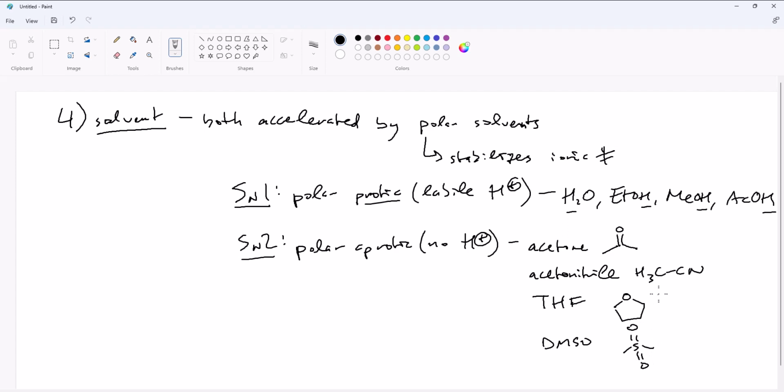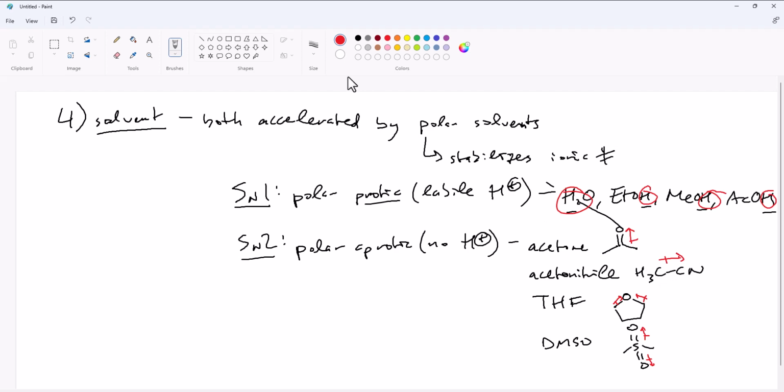So you'll notice that all of these have dipoles, so we can see that we have a dipole here, a dipole here, a dipole here and here, a large dipole here and here. So they're polar, but they're not protic. You'll notice that unlike in the alcohols or water or the acids, there's no labile proton.